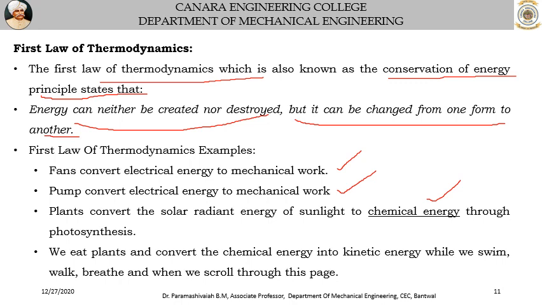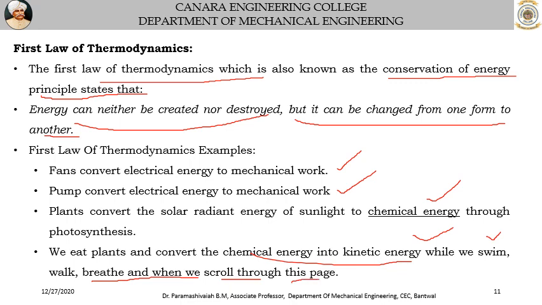We eat plants and convert the chemical energy available in them into kinetic energy or work. When we swim, walk, or breathe, when we do some activity, we do work. That work is done using the energy available in the food.